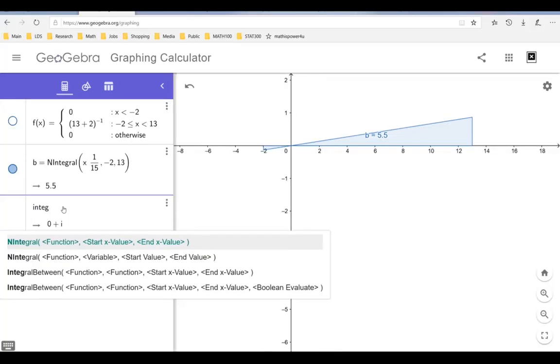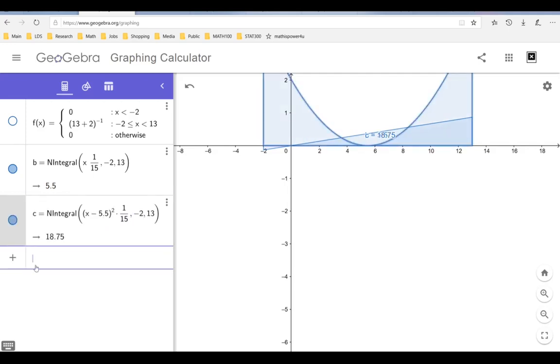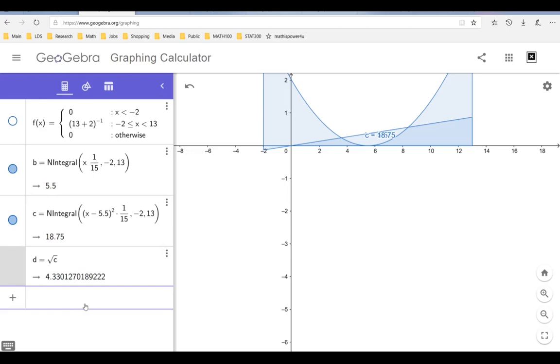Here we integrate the function x minus mu, which was 5.5, squared, times the f of x, which in this case is 1 over 15, starting from -2 all the way up to 13, and we get 18.75. Now we just need to take the square root of that, and we get 4.3.